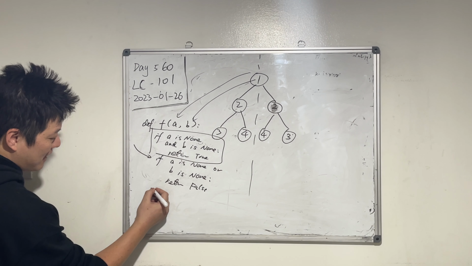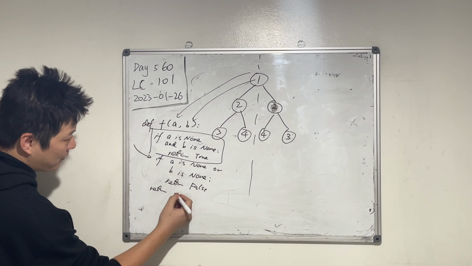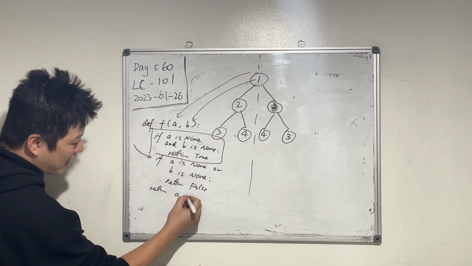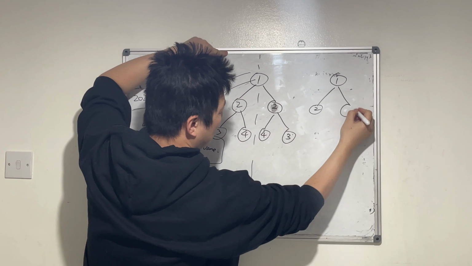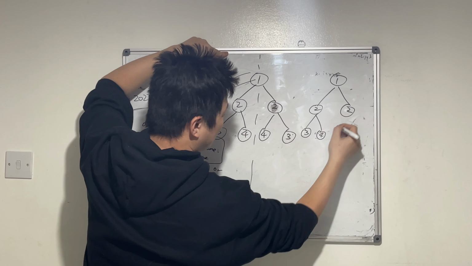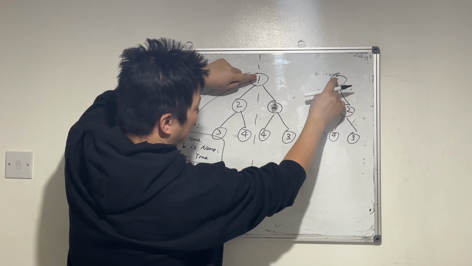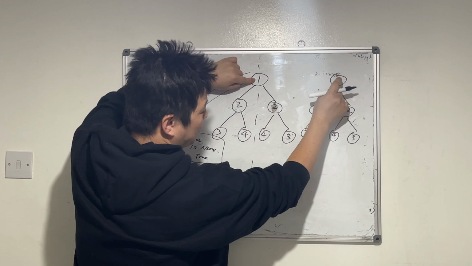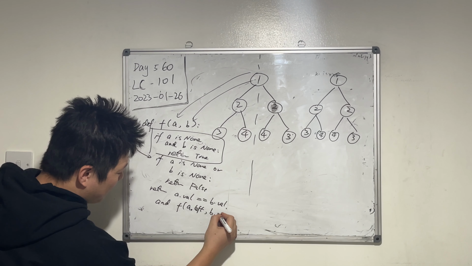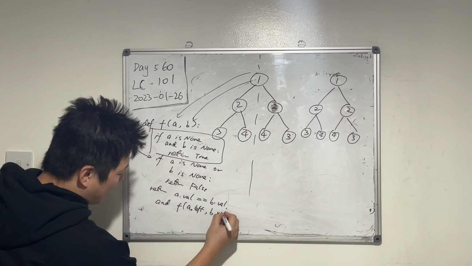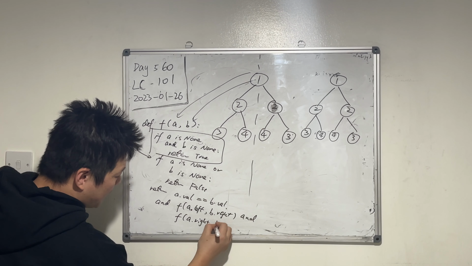Then we have to check, return A dot value equal to B dot value. I have another identical tree. This value needs to be the same as this value. Return A dot value equals B dot value, and check A dot left against B dot right, and A dot right against B dot left.